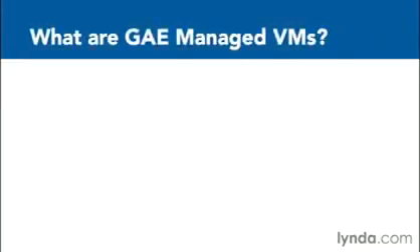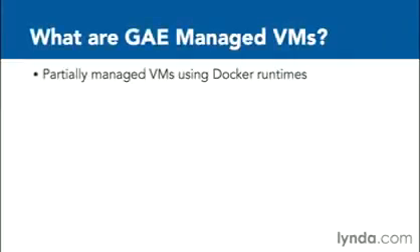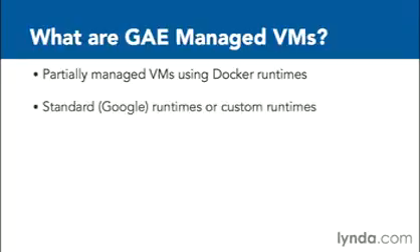So to understand more about Google App Engine Managed VMs, we need to think about what we just learned in the previous set of movies about Docker and containers, because this is a core technology for this new type of offering on the Google Cloud. In fact, using Docker is required. The idea is that the application will be put into a container. Now, there are two different kinds of containers, which the Google documentation also calls runtimes.